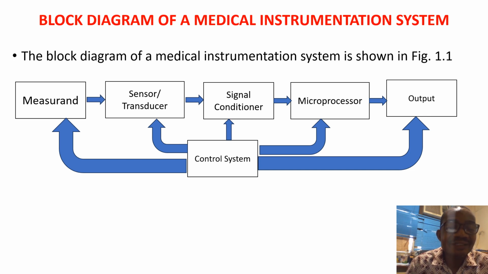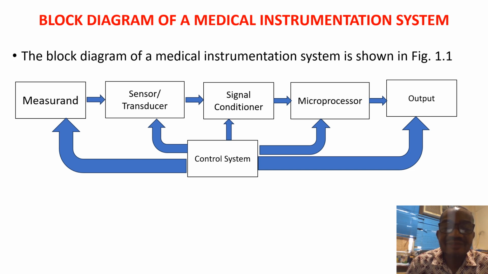The device you are trying to use to measure this physical quantity usually has a sensor or a transducer, which detects the measurand and converts the value into an electrical quantity or signal, because the medical instrumentation system will not be able to process a physical quantity which has not been converted to an electrical signal.